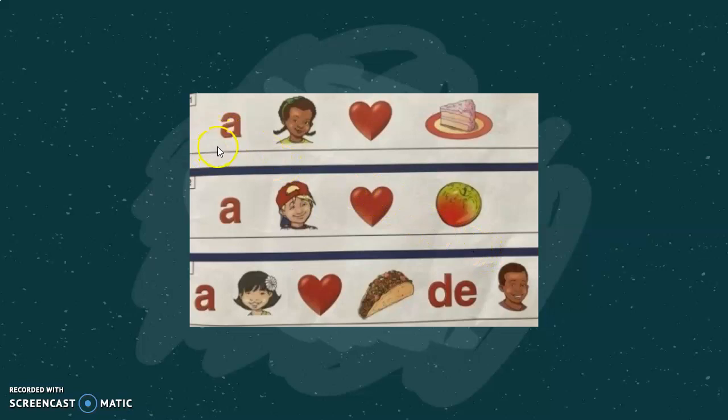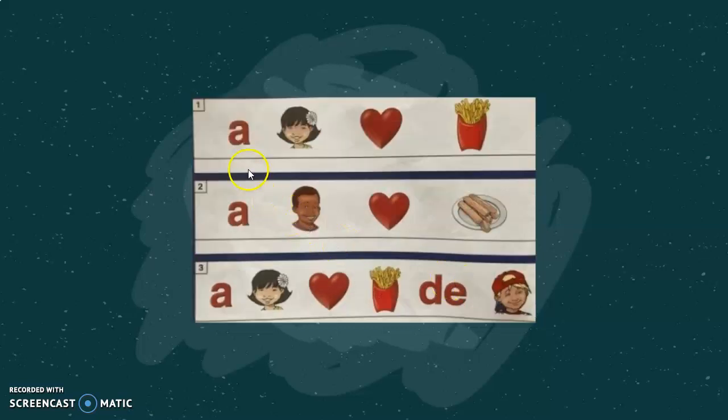Ok, número 1. A Rosa le gusta el pastel. A Antonio le gusta la manzana. A Isabel le gusta el taco de Pablo. Whose taco is it? Pablo's taco. El taco de Pablo is Pablo's taco. Muy bien.